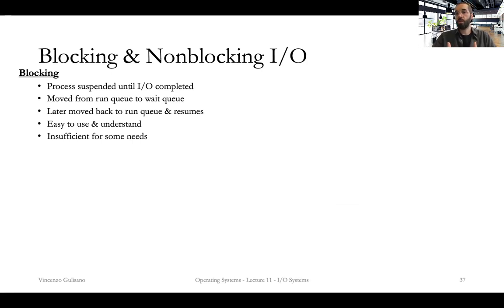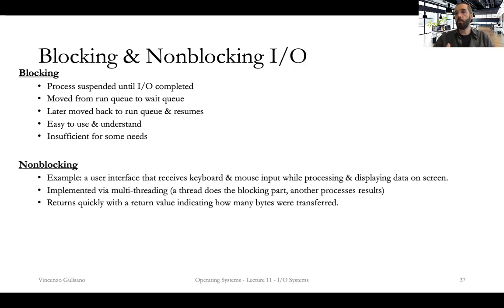It's easier to go for a blocking API because it's easier to maintain code and also write applications that are blocking. You don't have the problem of defining code that can keep executing despite the fact that it needs some information and needs to be notified when that information is available. Or, for example, when a certain amount of data has been written to disk or it's available from the disk.